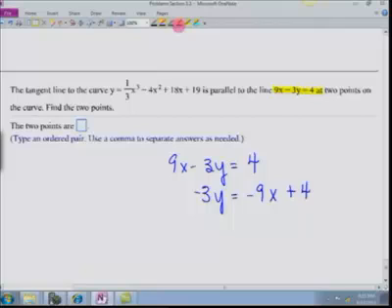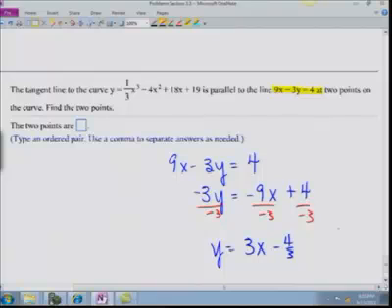And I would divide every piece by -3. What's the important part that I found? Okay, so that's the slope of the line that I'm going to be worried about, this tangent line to that curve. Okay? All right, so that's the first thing.